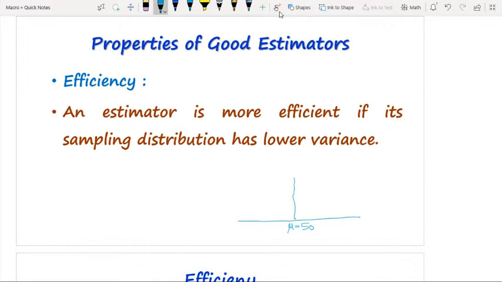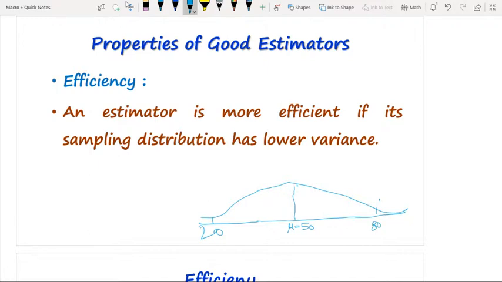Let us suppose that the distribution of the first estimator is quite flat, meaning the value of the estimator ranges from 50 minus 30 to 50 plus 30.